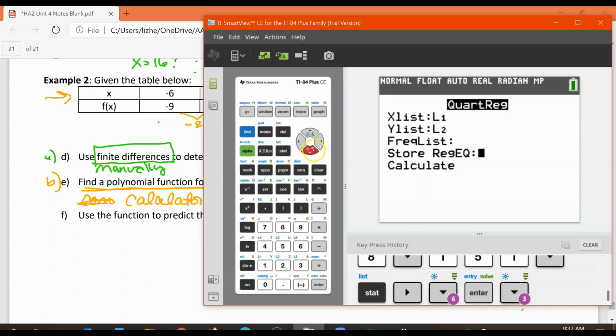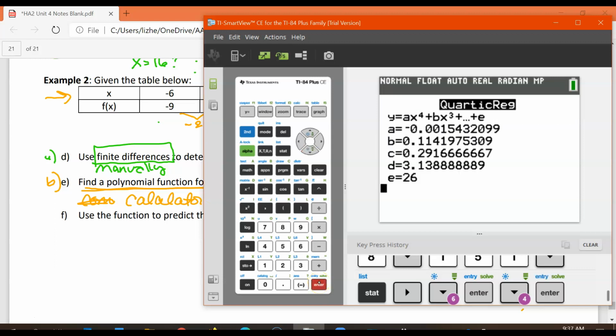First, before we store it, let's just see what the equation is. So I hit enter, and there are all my coefficients for my quartic. Make sure that you're really dealing with the quartic there, and you get the equation -0.0015 x to the 4th plus 0.1142 x cubed plus 0.2917 x squared plus 3.1389 x plus 26.